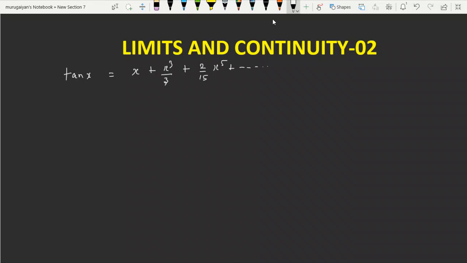Just remember 3 terms. Only 3 terms are enough. When you apply the infinite series, only the first term alone gets cancelled. From the remaining terms, we can get the answer. x plus odd terms alone: x cube, x power 5. First coefficient 1, then 1 by 3, then 2 by 15. Just remember 1 by 3, 2 by 15.